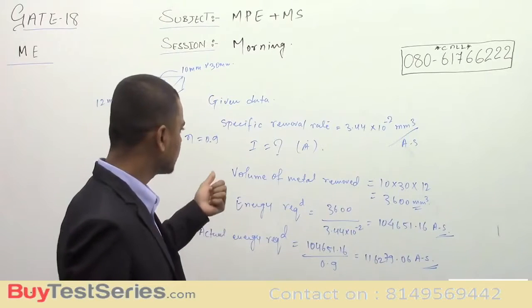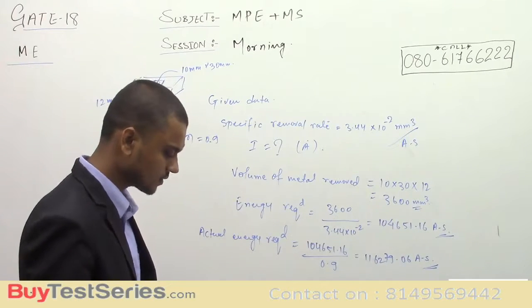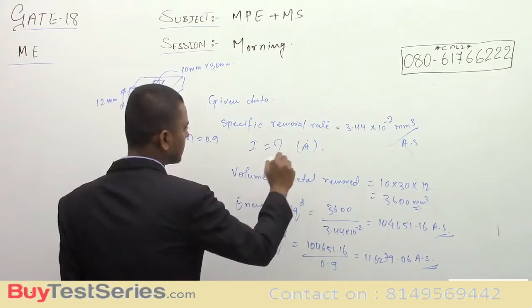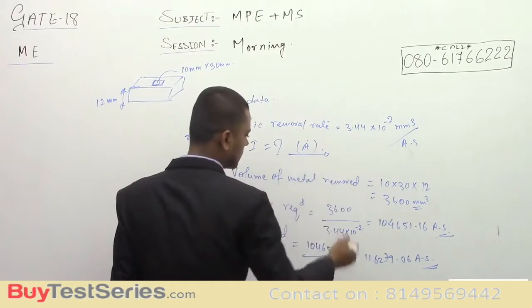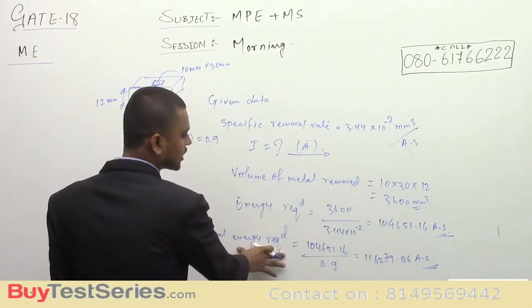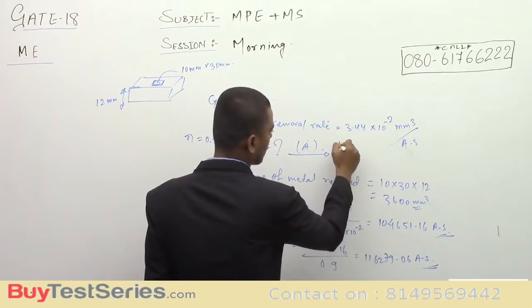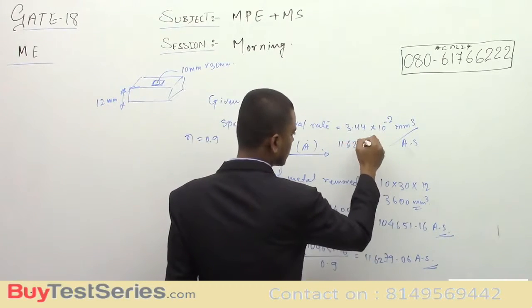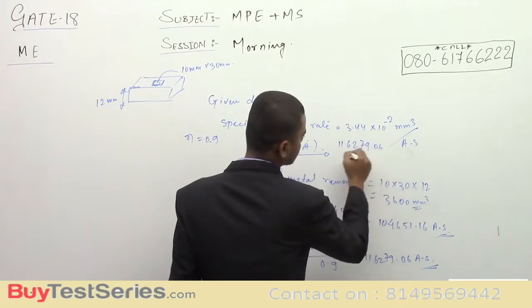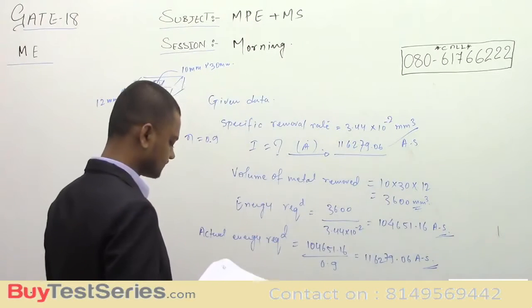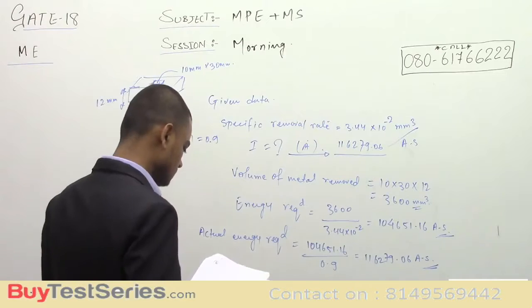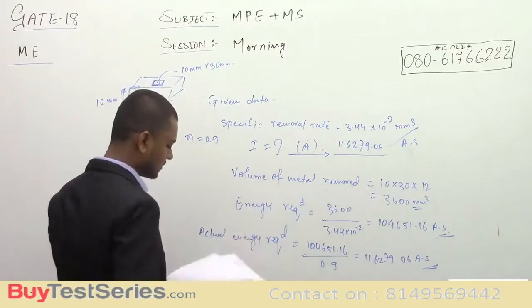So we have to find out the current. So the current will be equal to the actual energy required, which is 116279.06 upon this time which is given.